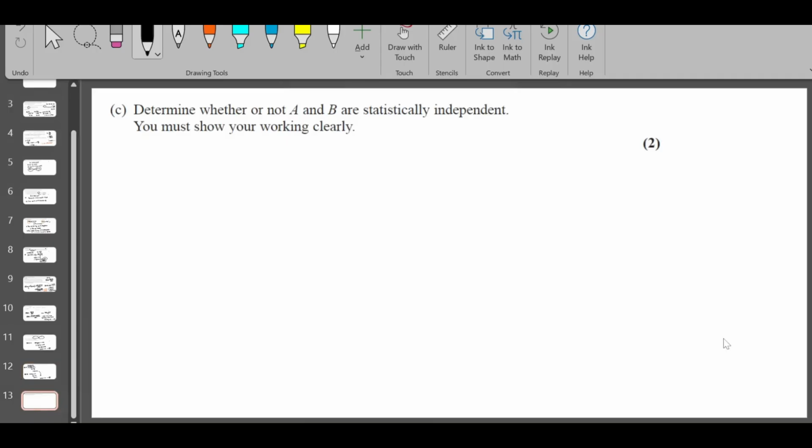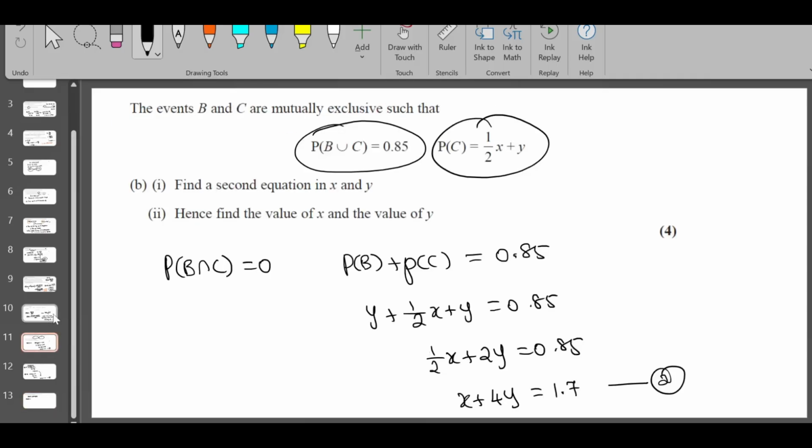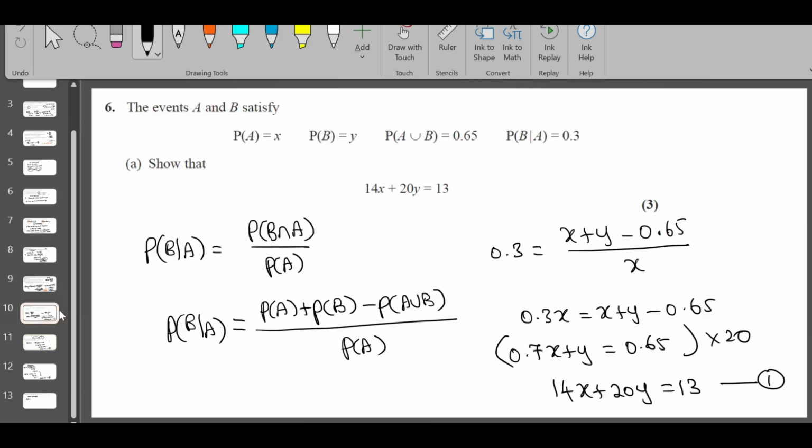It's a 2-mark question. Determine whether or not A and B are statistically independent. If they are independent, P of A intersection B should be equal to P of A times P of B. That's what we are going to calculate. So let's calculate P of A intersection B. Is it given here somewhere?